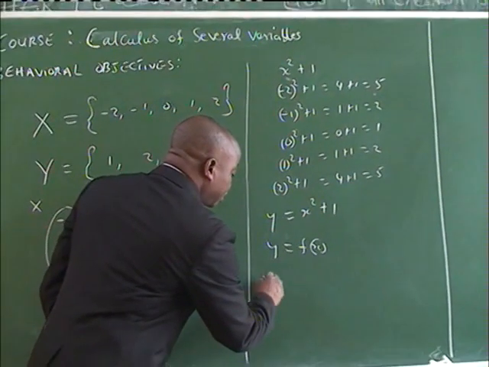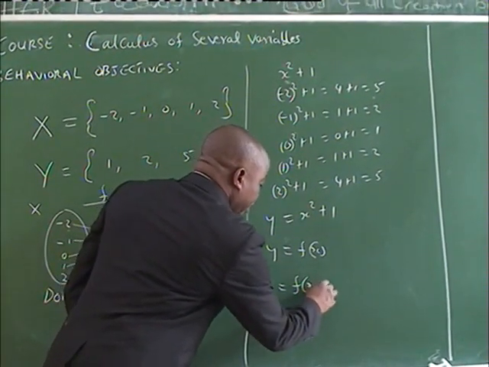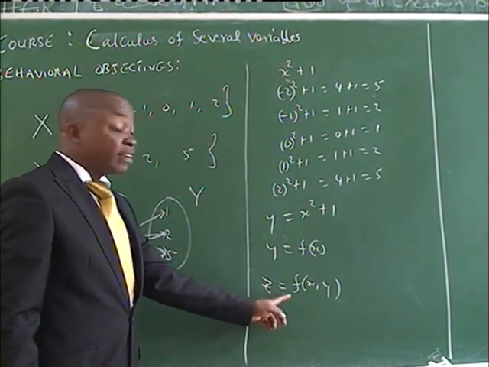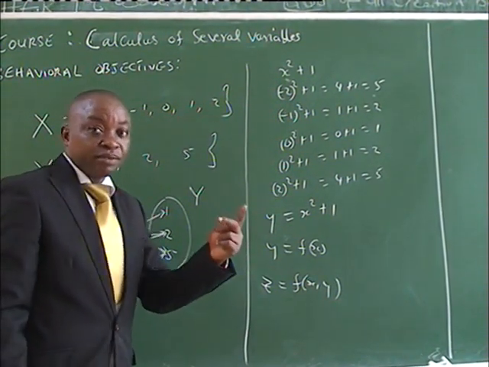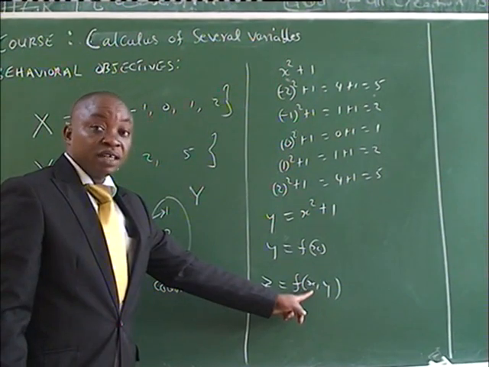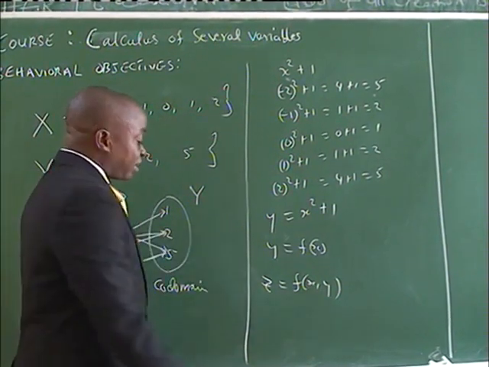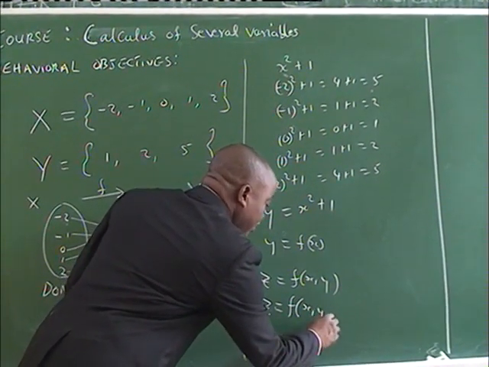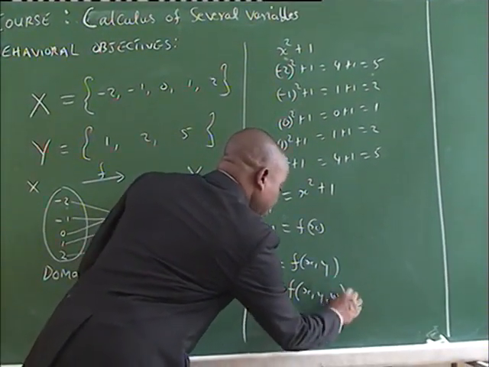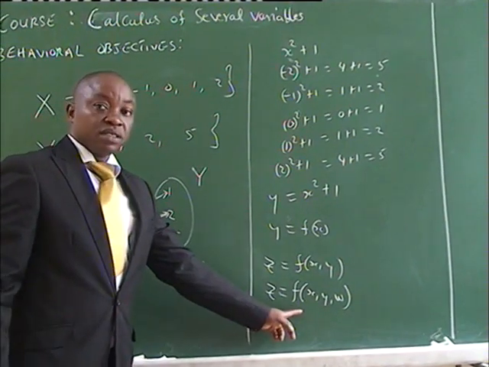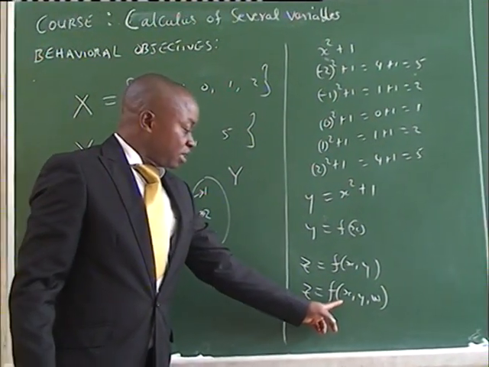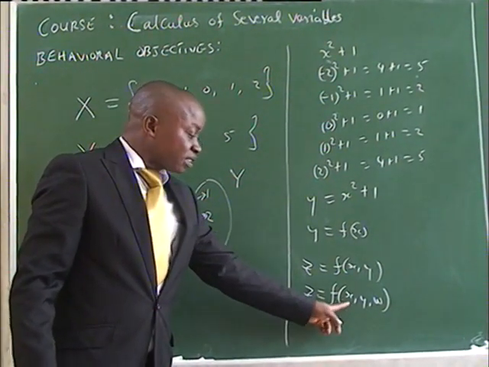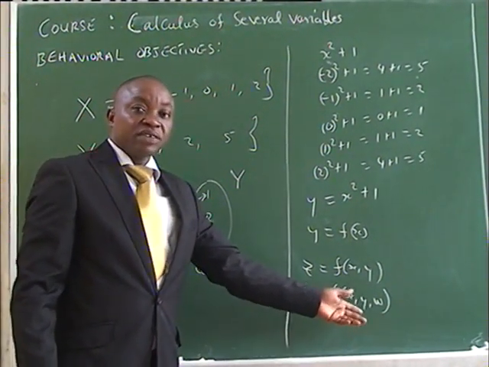If I write that z is equal to f of x, y, here z is a function of two variables, which is x and y. Now if I write that z is equal to f of x, y, and w, here z is a function of x, y, and w, depending on 3.